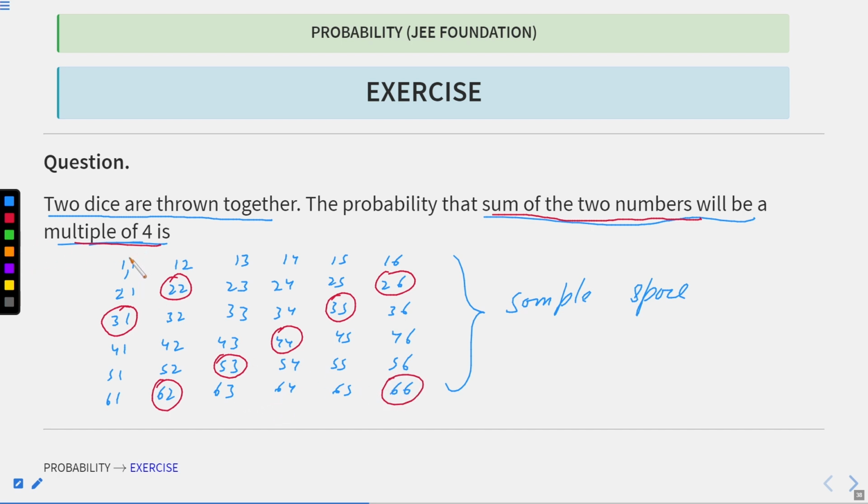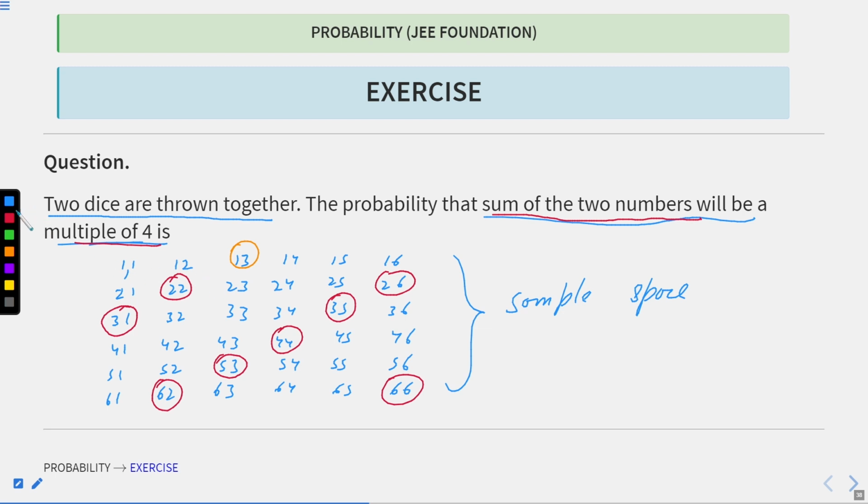Let's again verify. So 1 3, this is 4, yes, a multiple of 4. Okay, so 1 6 is 7. The sums are 3 4 5 6 7 8, 4 5 6 7 8 9, 5 6 7 8 9 10, 6 7 8 9 10 11, 7 8 9 10 11 12.